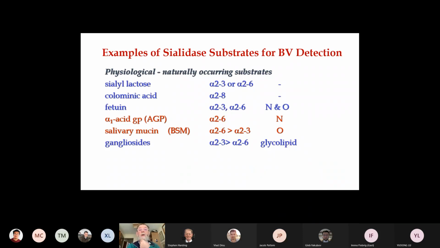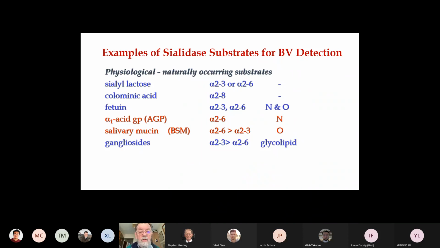Now, if we want to screen for sialidase to detect bacterial vaginosis, we have a number of different options. We can use physiological substrates, listed here. We could use a sialolactose, a trisaccharide. We could use polysialic acid, colominic acid, which has a different linkage, 2,8 rather than 2,3 or 2,6.